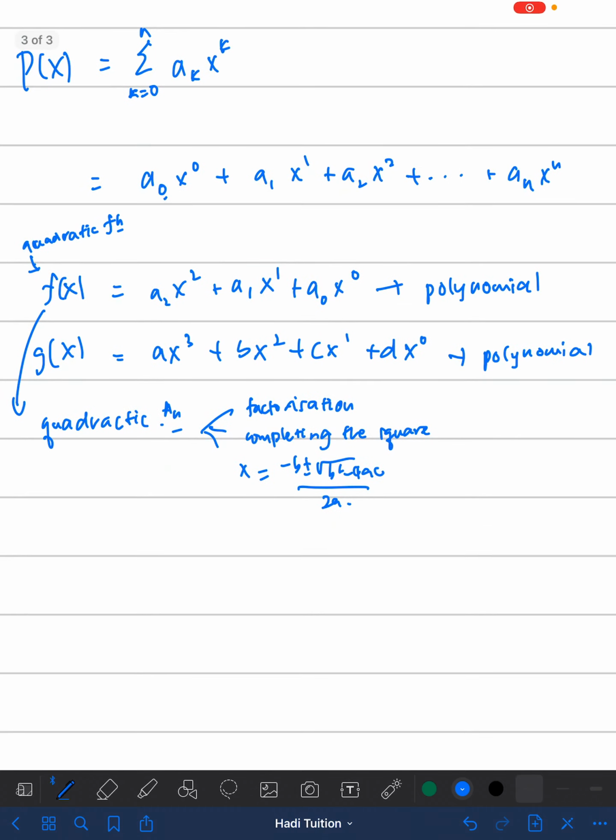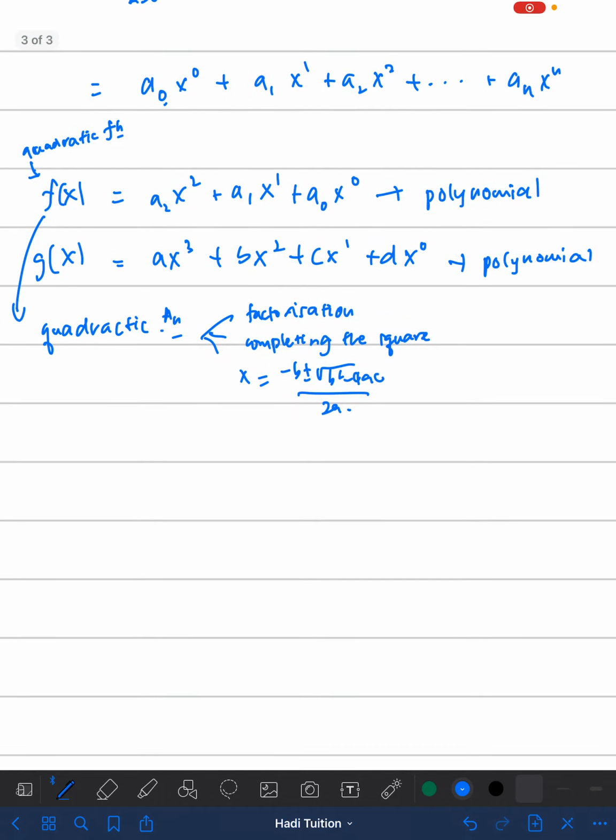But for higher levels of polynomials, it becomes more difficult to solve for it. One of the ways is to use guessing, meaning you substitute a specific number into the polynomial, the function.